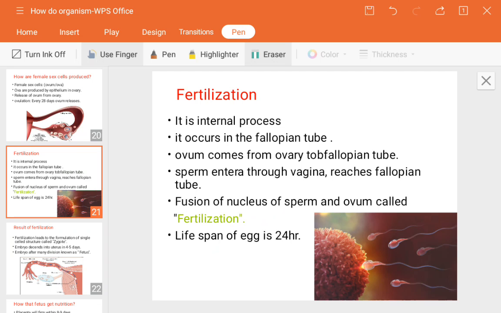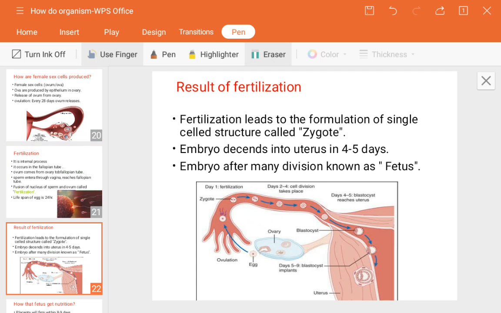Next, the result of fertilization. The result means what happens after the fusion takes place. If it does not take place, those things we will study later, in the next session. Fertilization leads to the formation of a single cell structure called a zygote. As I have told you, the male and female sex cells fuse to form one structure called a zygote, and that whole process is called fertilization.